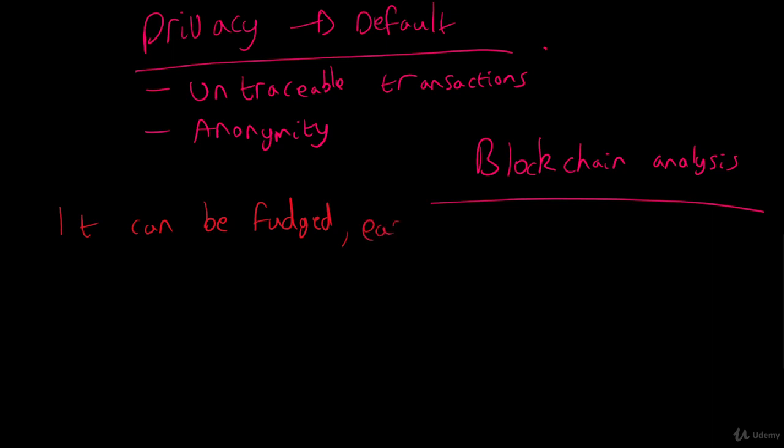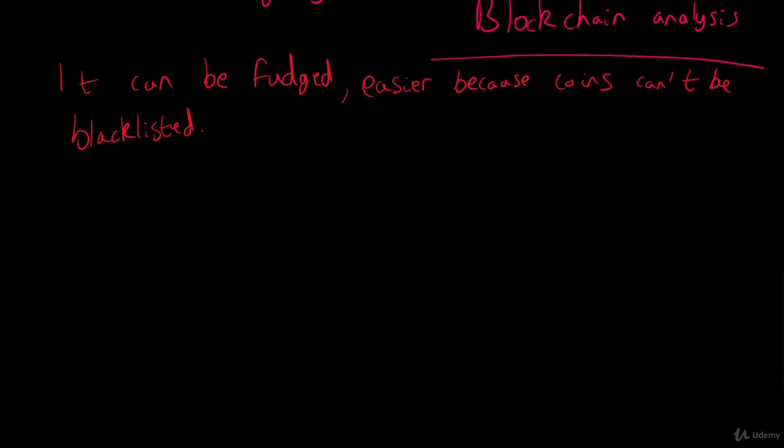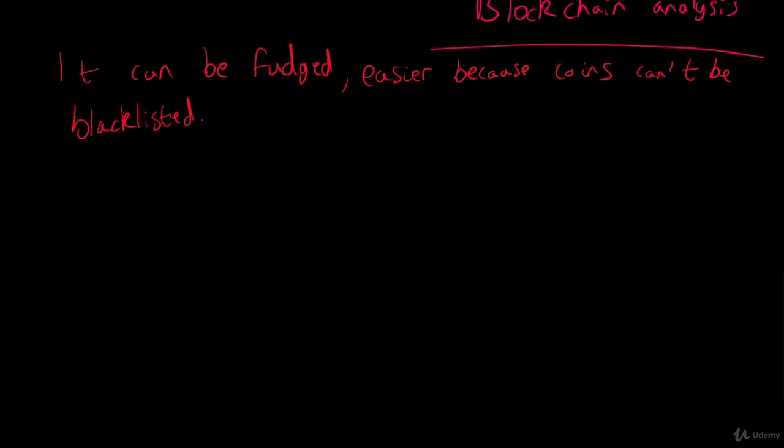And this is easier because coins can't be blacklisted. With Bitcoin, coins can be blacklisted, so the exchanges know not to accept them. Obviously, if you compare this to a conventional currency, money like notes generally don't get blacklisted, so it can have its disadvantages as well, especially when there's a finite amount of supply.